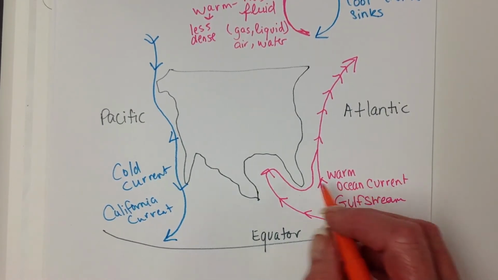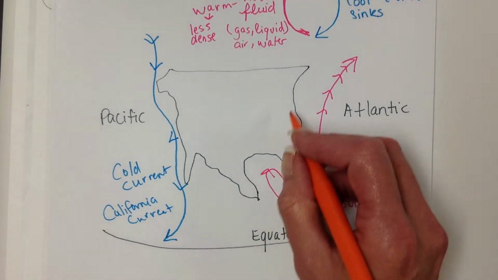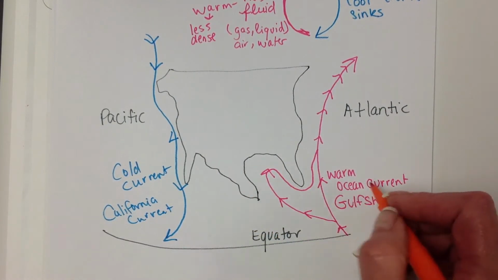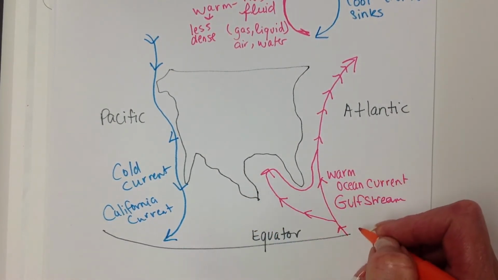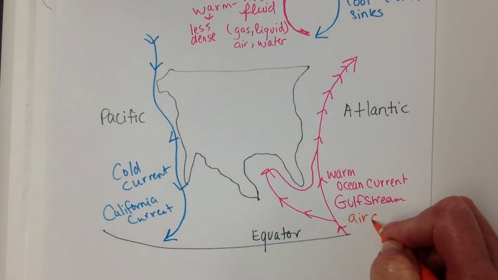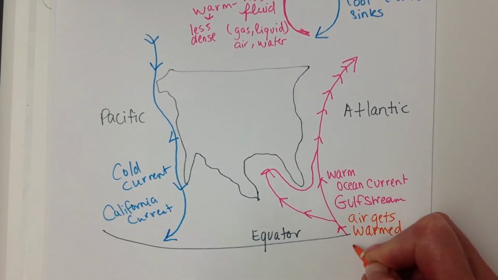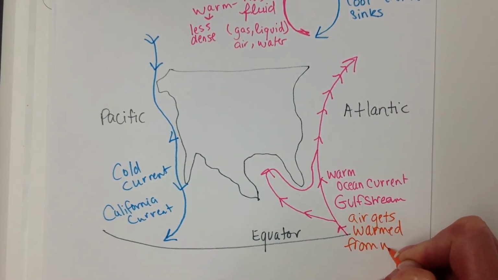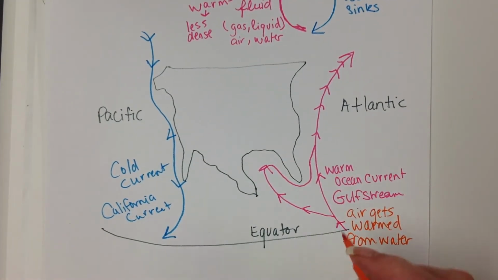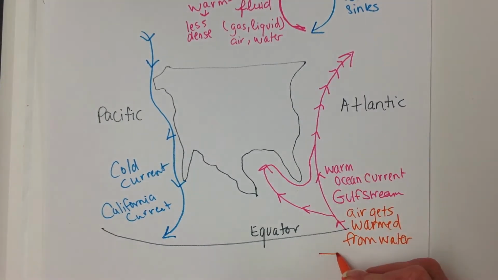This warm ocean current that flanks our eastern seaboard as well as our Gulf Coast community also affects the air above it, because the water is warm, the air gets warmed from the water. So the air above the water is warm as well, thanks to that Gulf Stream. So what does this mean?